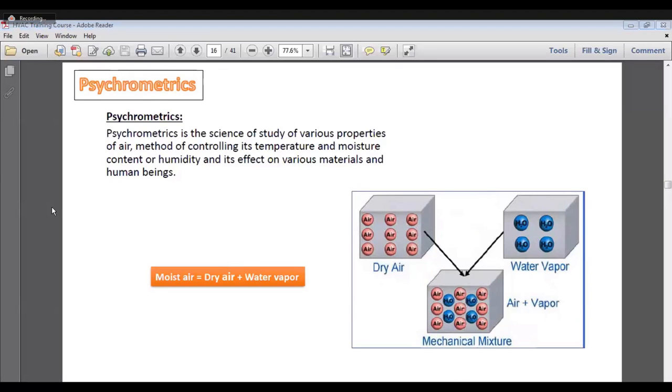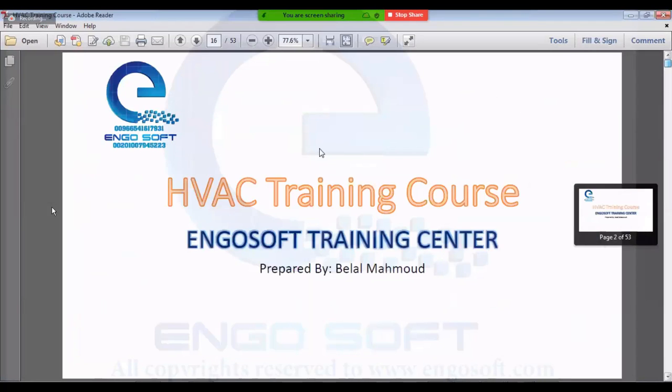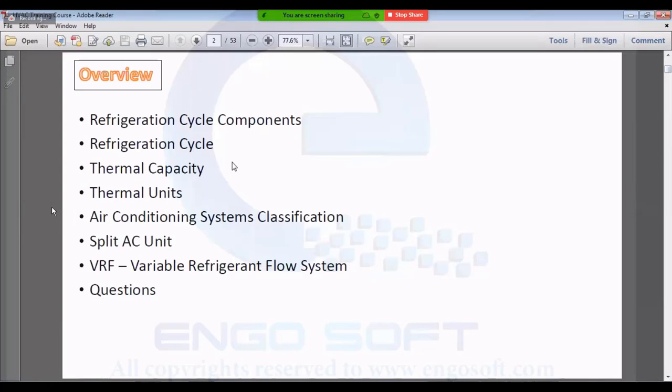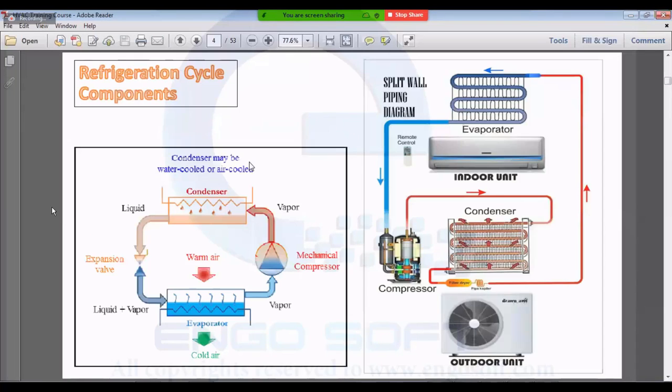In the second part of the lecture, we talk about the refrigeration cycle, which was the hardest part. We talked about how the air conditioning system provides cooling.